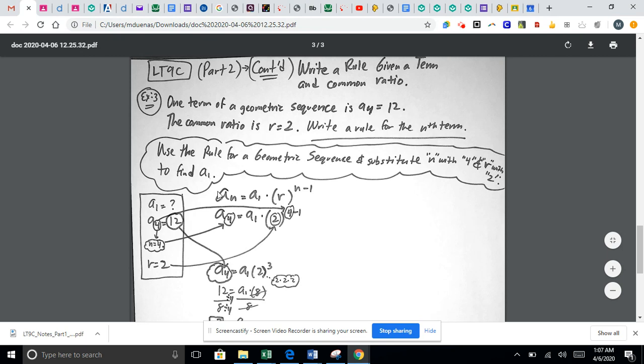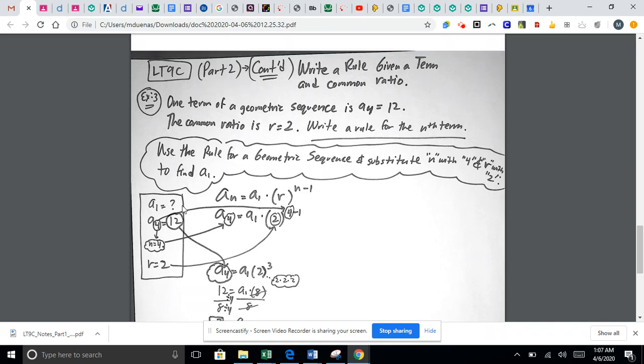So again, make sure you know your rule. The rule is, again, a sub n equal to a sub 1 times the quantity of r to the n minus 1. So you're going to write that out every single time. Make sure you know that. And then, again, that will make it very easy to go ahead and just start inputting what they give you to figure out what you don't know.